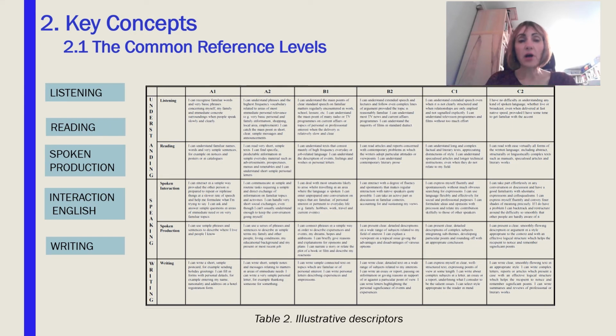So we have a more precise table, and you can see the common reference levels from A1 to C2, linked to different language activities: listening, reading, spoken production, interaction, and writing. So for each level, depending on the language activity, you are able to do certain things.